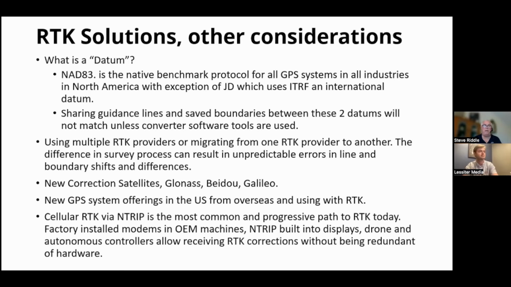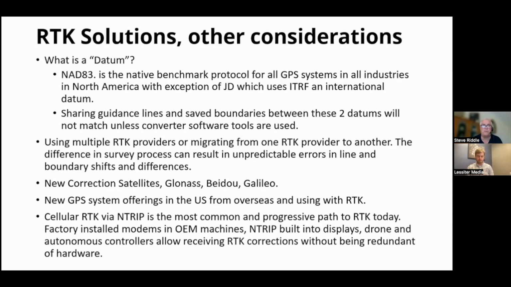Another thing that keeps coming up more and more all the time: new correction satellites. Besides GPS, we've been using GLONASS, which is Russian; basically they're additional correction satellites available that our GPS antennas and receivers can see. GLONASS has been out for quite a while.